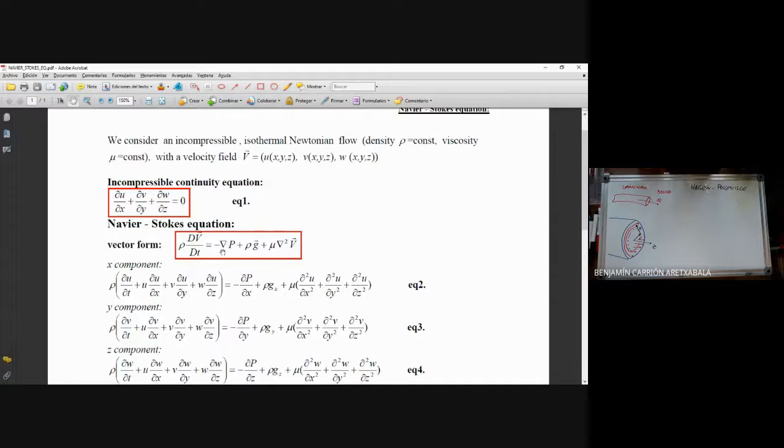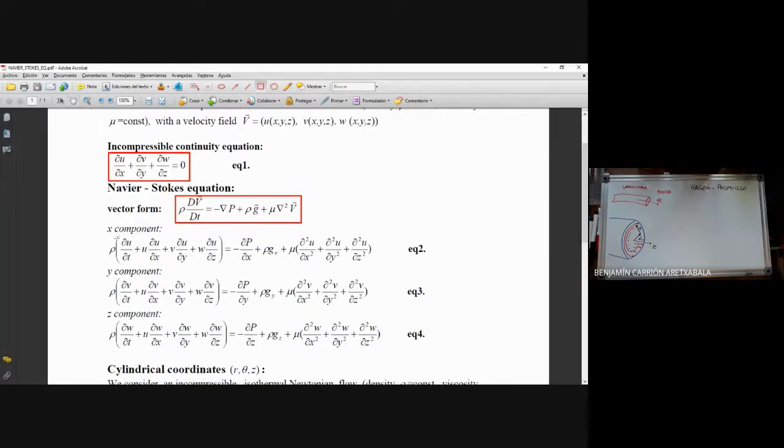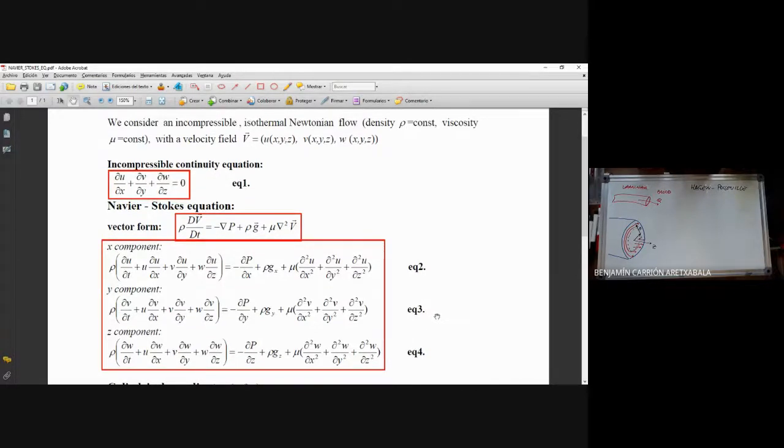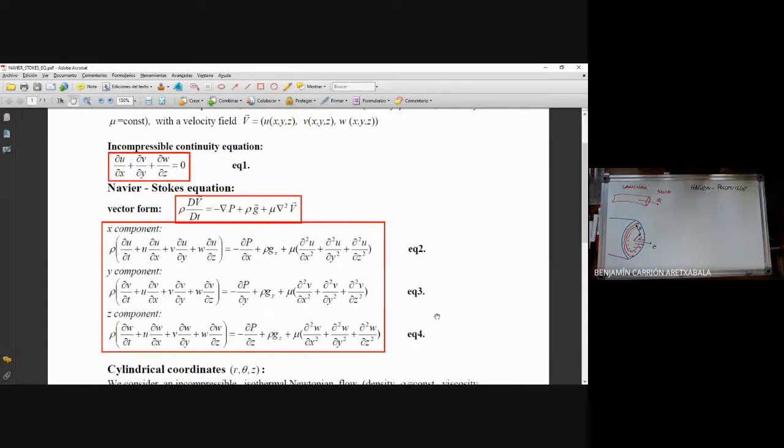You have the pressure gradient, you have the body force, normally the weight, and you have the viscous forces. And you can express this in each of the three components of the Cartesian system of coordinates. This should be more or less known by now, right? If somebody has any doubt about this, because this should be pretty clear, or almost very clear.